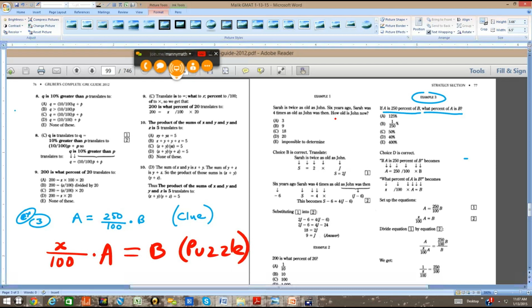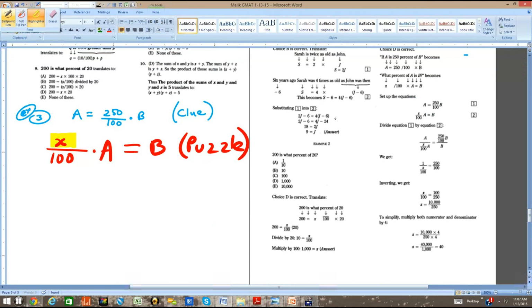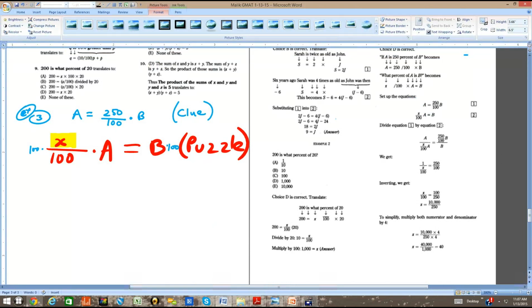So using the clue, we have to solve this puzzle. What we really need to find is this X. What we do is multiply both sides by 100 first, so we get rid of this 100. What do we have? X times A equals 100B. So divide both sides by A, and you have X equals 100B divided by A. And what is A?